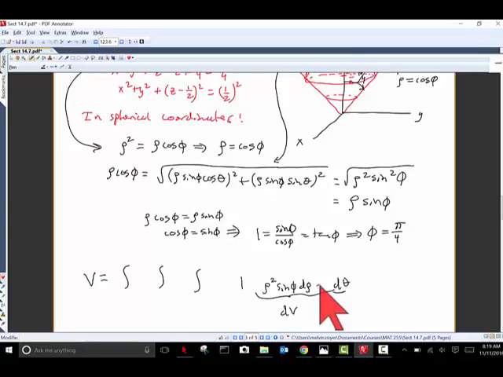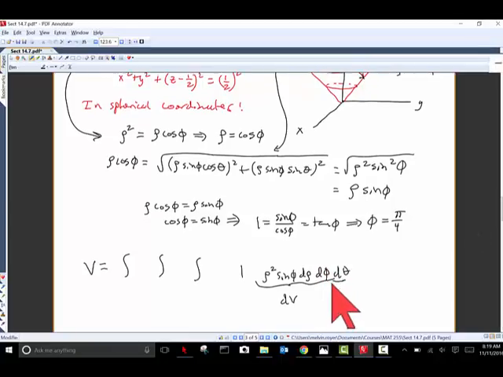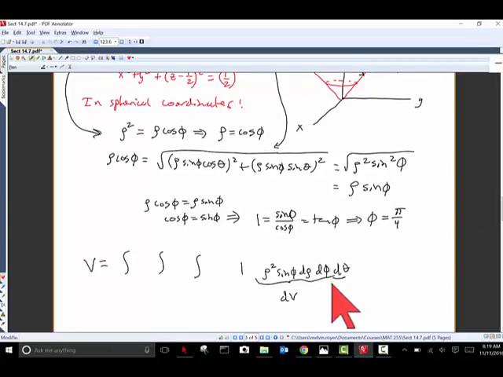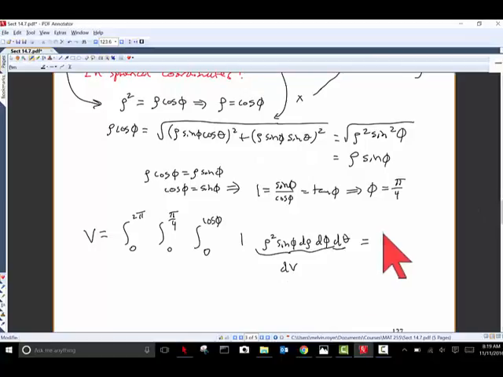So d rho, d phi, d theta is the best choice probably for the order of integration. Then rho goes from 0 to cosine phi, phi goes from 0 to pi over 4, and theta goes from 0 to 2 pi. And if you have Maple calculate this, it is pi over 8.